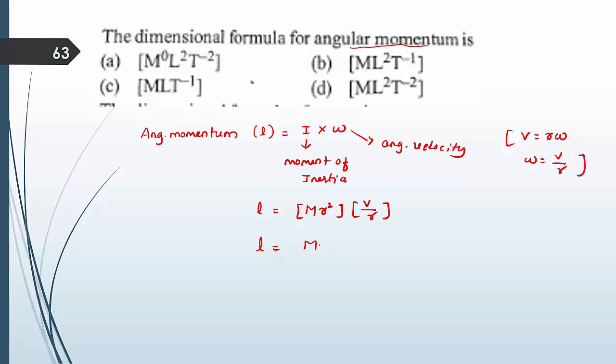It is equivalent to length, L square, M L square. v indicates velocity, velocity dimension is L T raised to minus 1, divided by r indicates radius, which is equal to length. So L equal to, here we can write M, here L will get cancelled, L square T raised to minus 1. M L square T raised to minus 1. This is the dimensional formula for angular momentum. Now you can observe which is the right option. Option B.